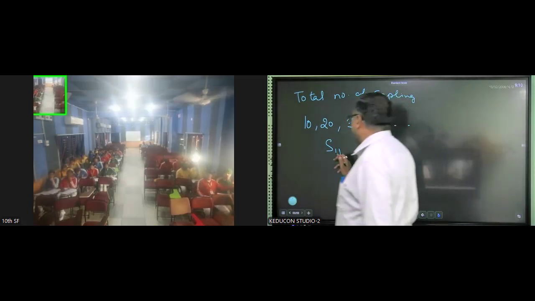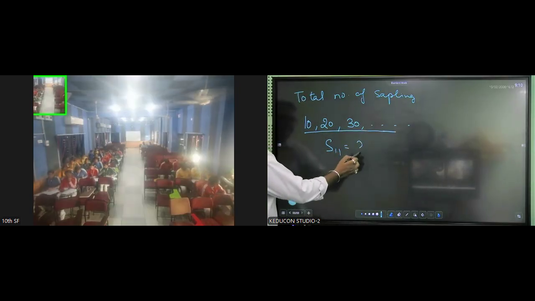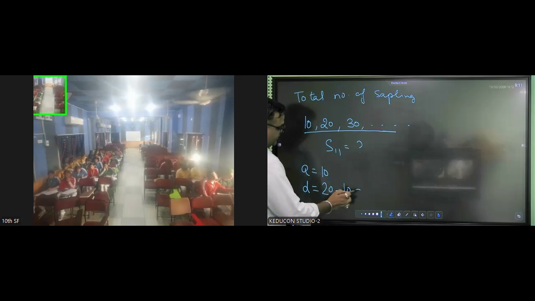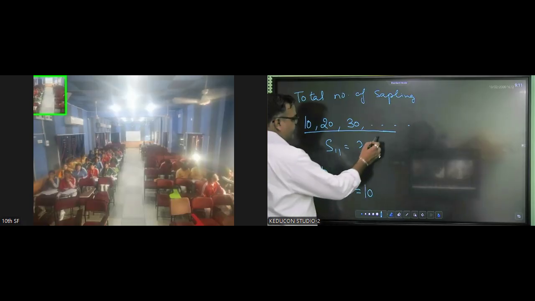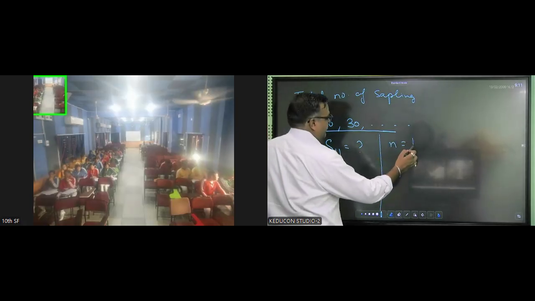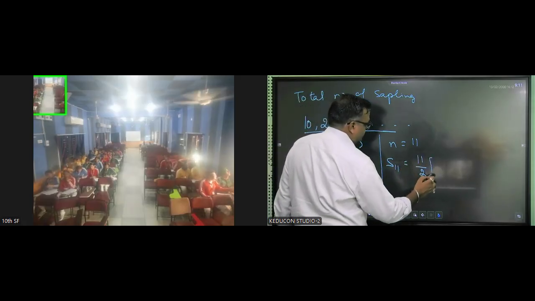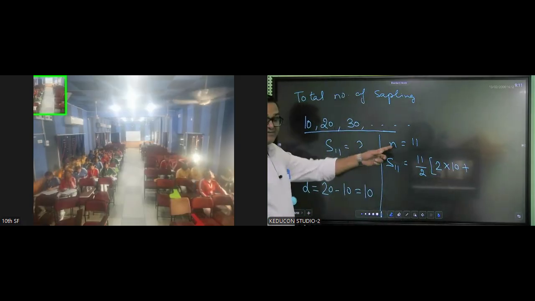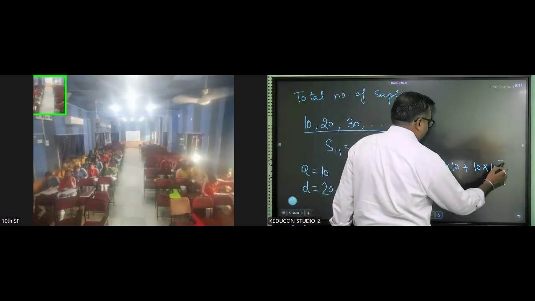So what we do, we'll find the sum of 11 terms of this series. Now if you take A in this, it is 10, D will also be 10. We have to find S11. So N will be 11 here. So S11, students, will be N by 2, 2A plus N minus 1, 11 minus 1, that is 10, into D. D is again 10.